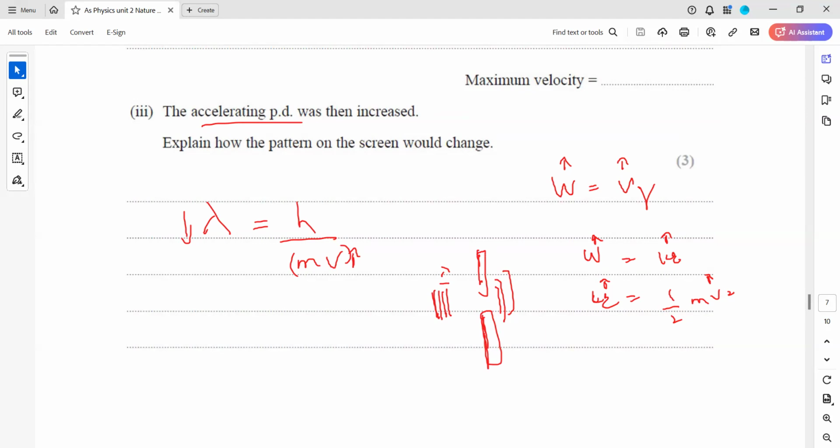The distance between the maxima will decrease. If we have more diffraction, then the spacing between maxima, then minima, then maxima will be greater. If we have smaller diffraction, like smaller spreading, this spacing will decrease. So you can say the spacing of the circles, or diameter of the circles, or spacing of the maxima will decrease. Is it clear? This part?